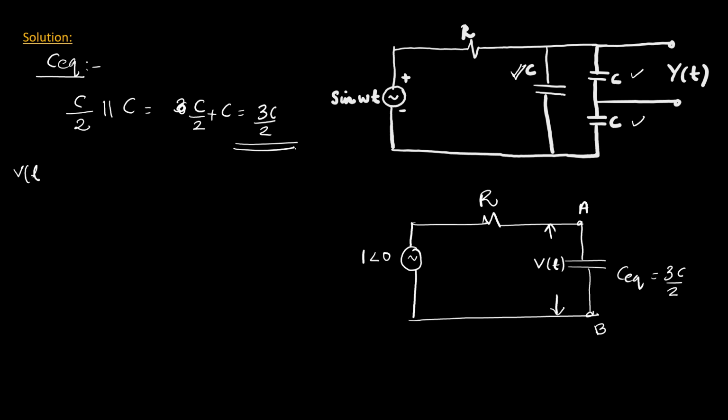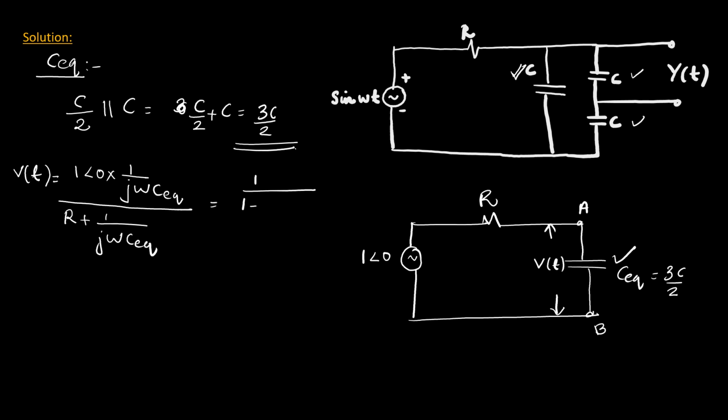Now what is V of t? By the voltage division rule we know that V of t equal to the input voltage, that is 1 angle 0, times this impedance, that is 1 by j omega C equivalent, divided by the total impedance, that is R plus 1 by j omega C equivalent. This is equal to 1 divided by 1 plus j omega R C equivalent.